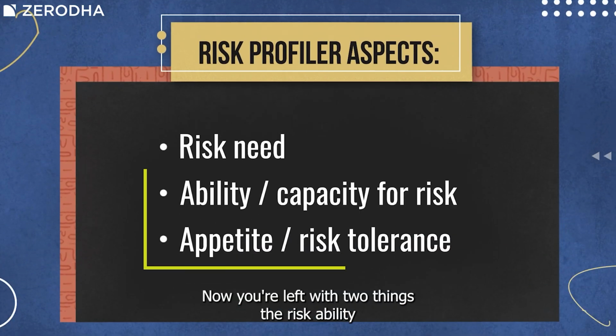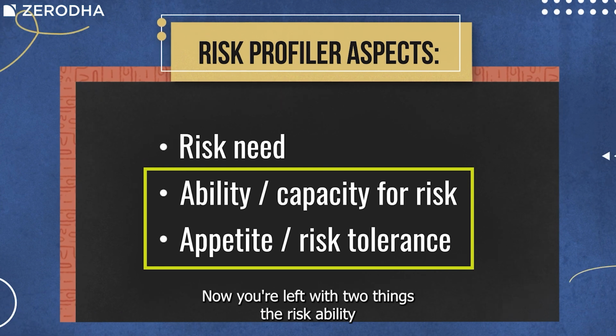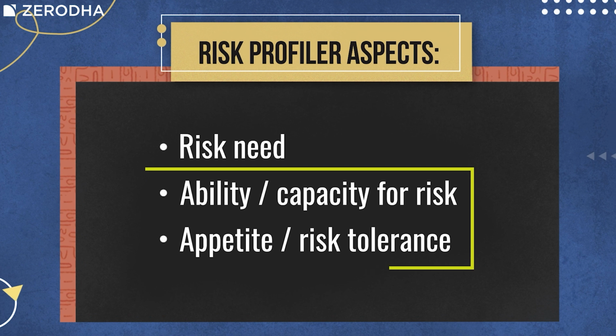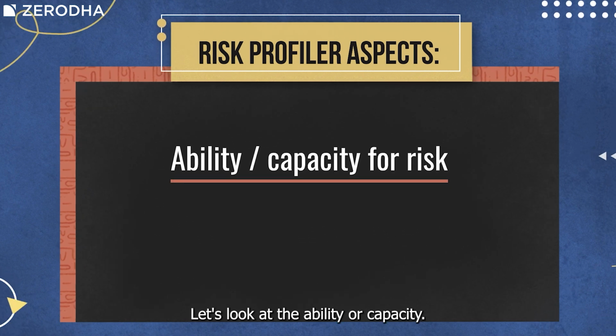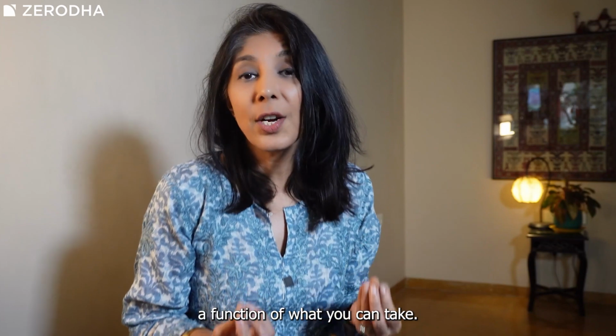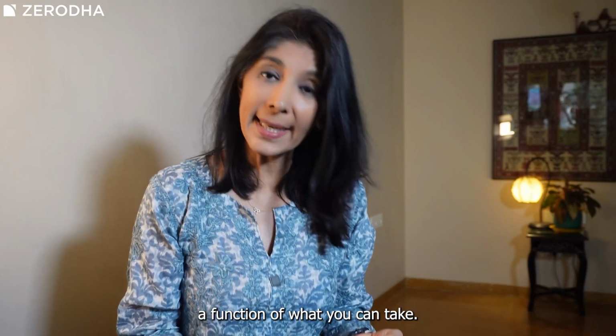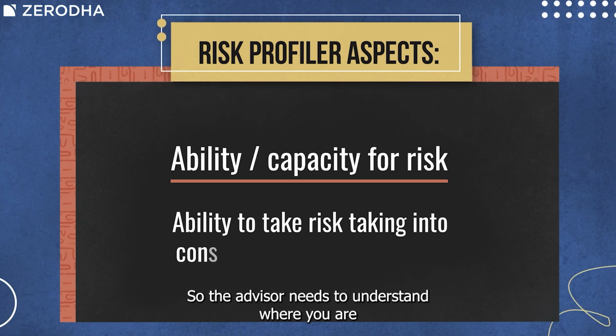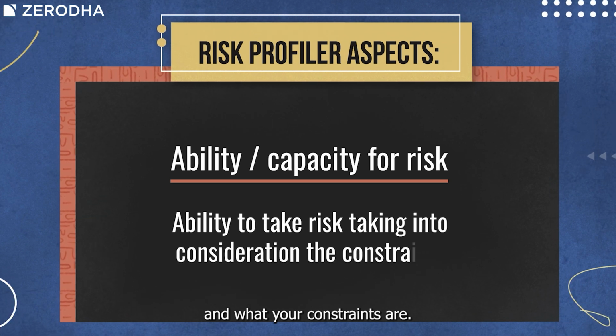Now you're left with 2 things: the risk ability or the risk capacity, and the risk tolerance or risk appetite. Let's look at the ability or capacity. Now, that is basically a function of what you can take. So the advisor needs to understand where you are and what your constraints are.